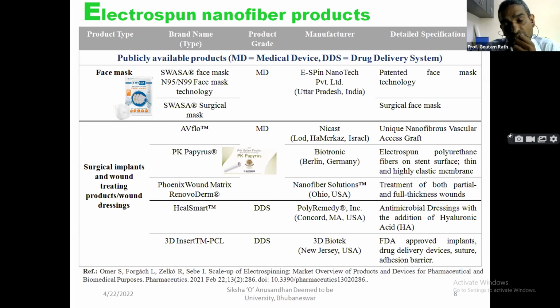Even more effective than N99s. And just see what other products are available in nanofibers, which indicates the potential of nanofibers for biomedical applications and for other applications.